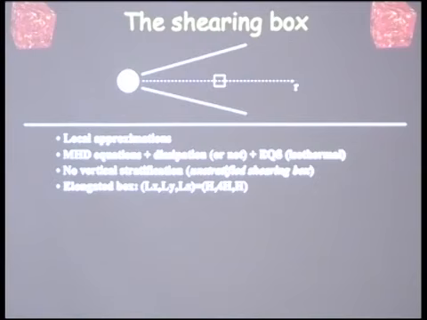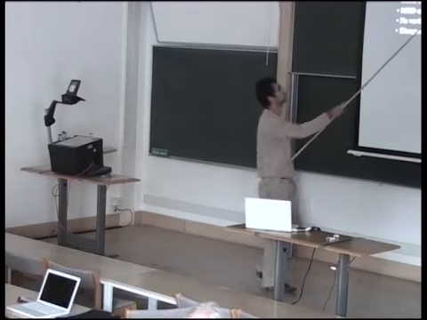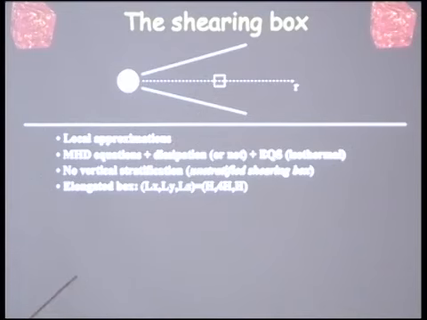We forget about all the thermodynamics, and we assume that the equation of state is isothermal. And to make it even simpler, we forget about the vertical stratification orthogonal to the midplane. We neglect that, which amounts to looking only at the structure of the flow close to the midplane, and that's the so-called unstratified shearing box. So in most of the simulations, I will neglect vertical stratification. And usually we take elongated boxes in the toroidal, the azimuthal direction, to take into account the fact that structures in general are distorted by the background shear flow.